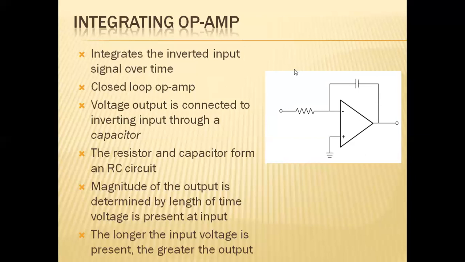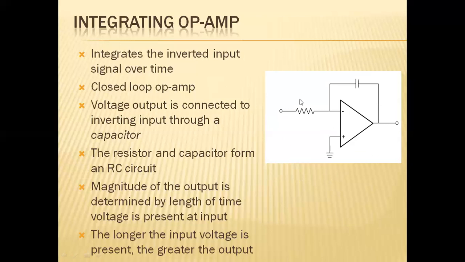And the voltage output is connected to the inverting input through a capacitor, and a resistor, as it clearly specifies here. Next, the resistor and a capacitor form an RC circuit.